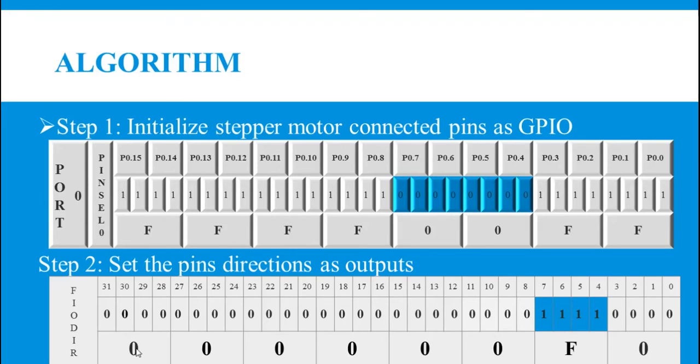So the value is 0x000000F0. This value should be ORed with the original content of the FIODIR register. Thereby you are ensuring only these 4 pins' direction has changed to output and the remaining pins' direction will be unaffected. So this is about configuring those pins as GPIO and setting the direction of these pins. So these two values will be used in the program.